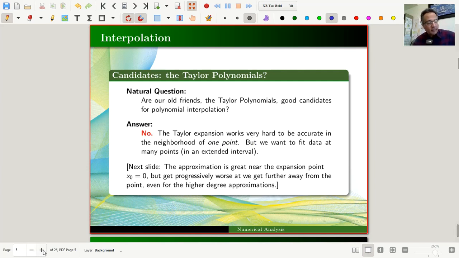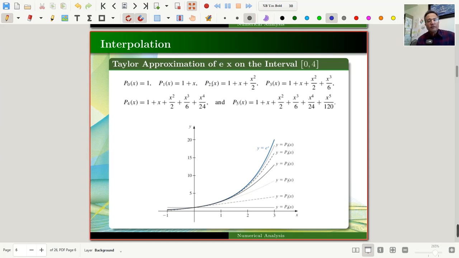Let me show you an example of the Taylor polynomial for e to the power of x. We know that this blue curve is the curve of exponential of x. If we consider the Taylor expansion for e^x, the sum for n equal to 0 to infinity of x^n over n factorial.